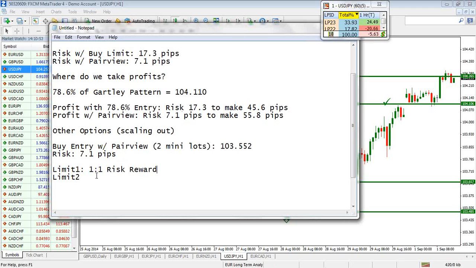And then limit 2, we can use the 78.6% retracement. So what we would do is move stop to break even.